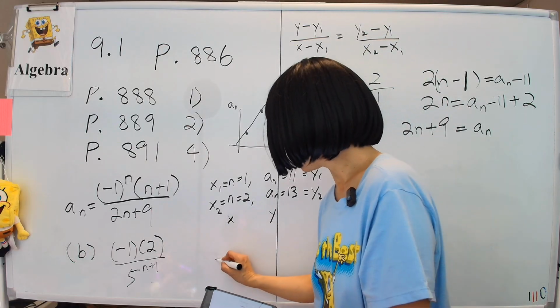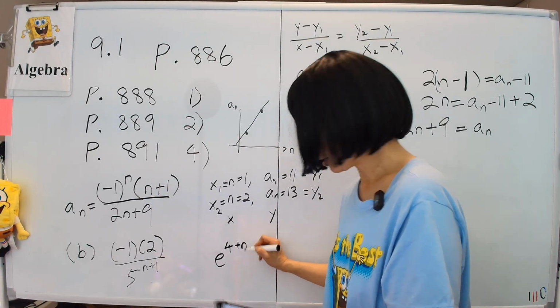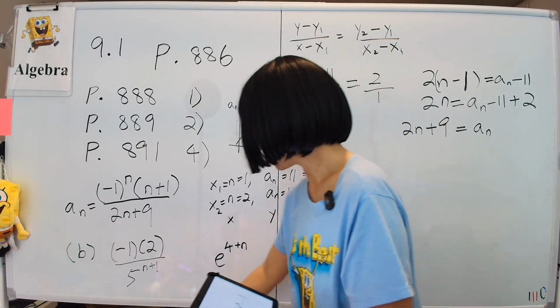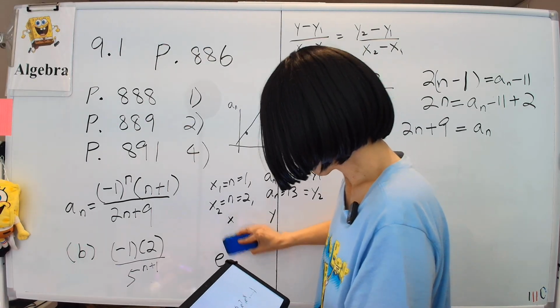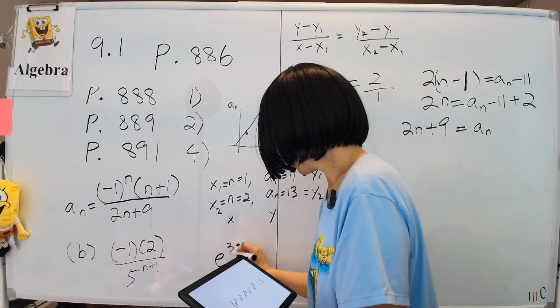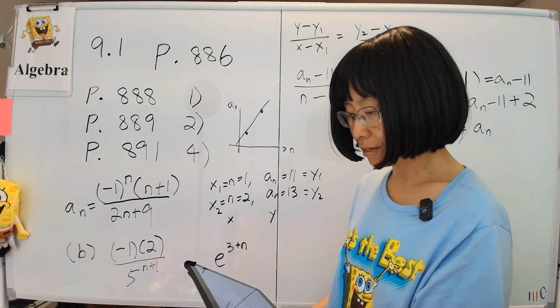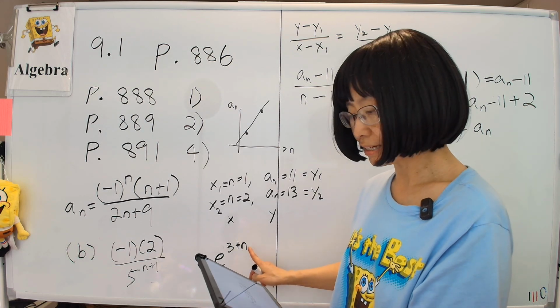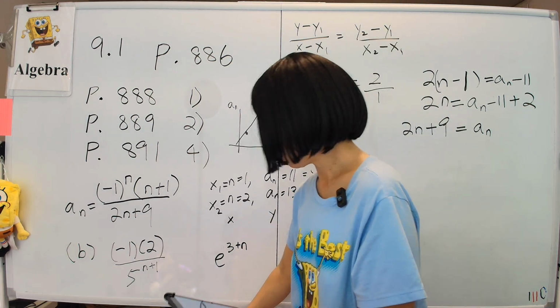So basically, the sequence goes like this, 3 plus n. Because we start counting at 1, the first number is 1 plus 3, which is 4, the second number is 2 plus 3, which is 5, and so on. So that will be the answer for this sequence.